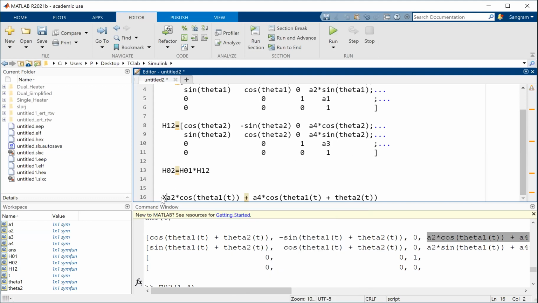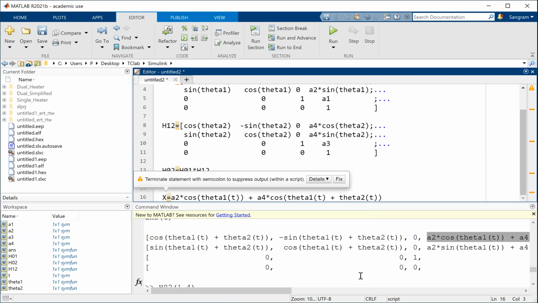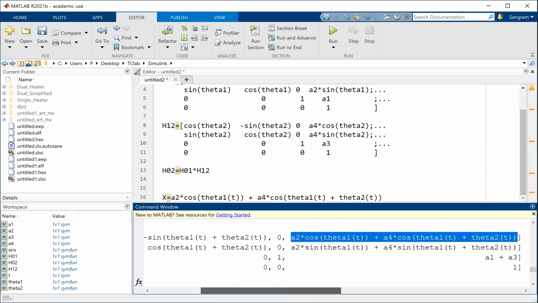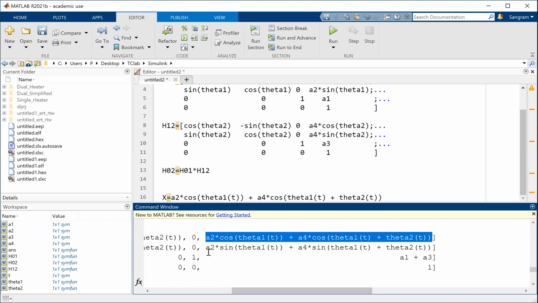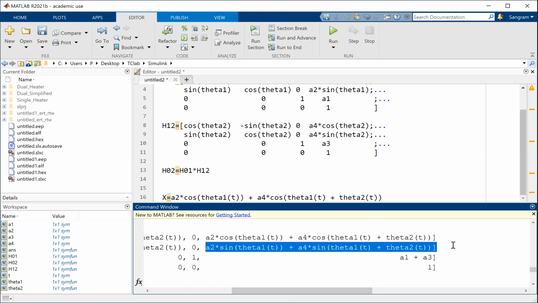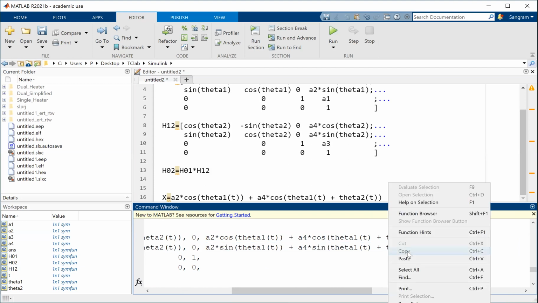I would say x is equal to this. You can do it with the same script, but since it's a symbolic computation with an independent variable, you can't directly extract the matrix.